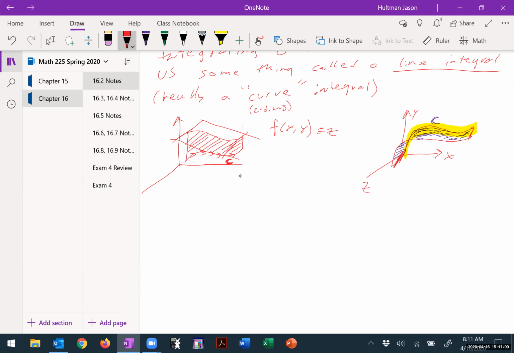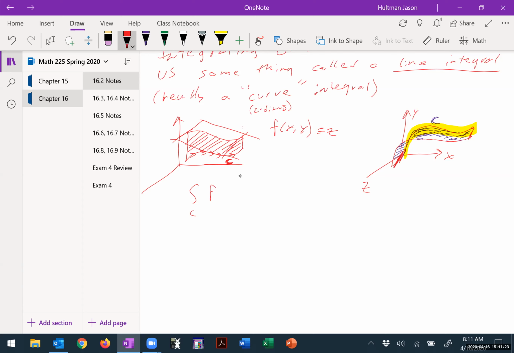So the idea here is that we want to integrate over a curve C of f of x, y, over that curve.